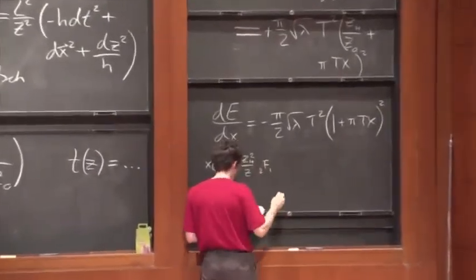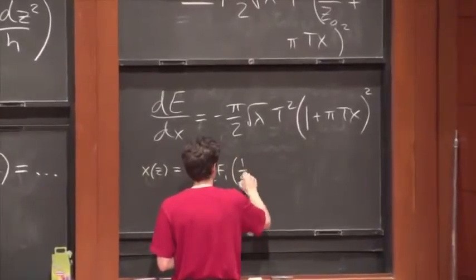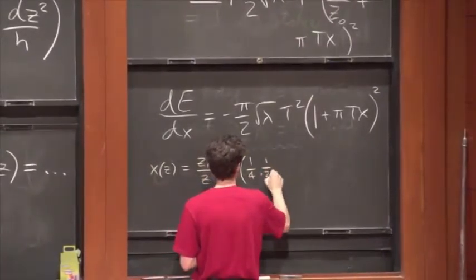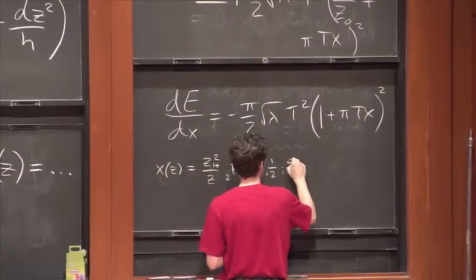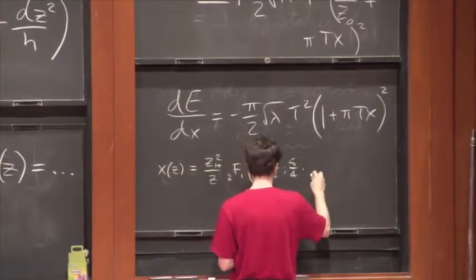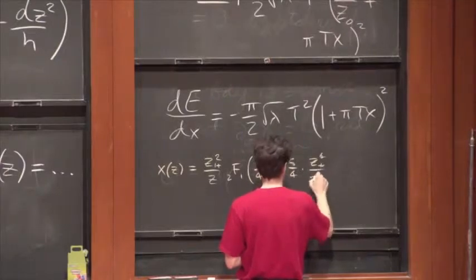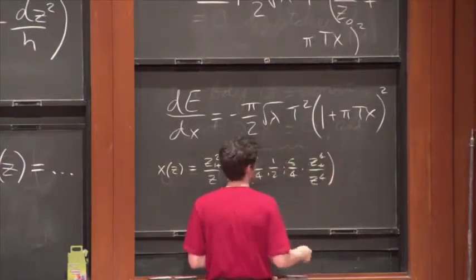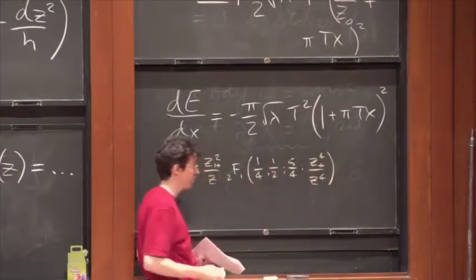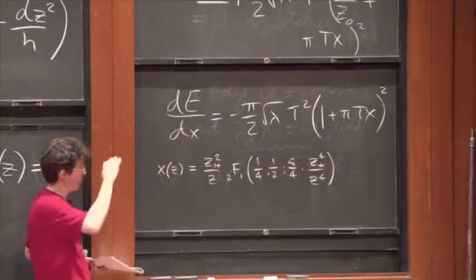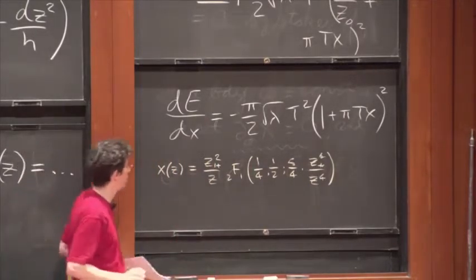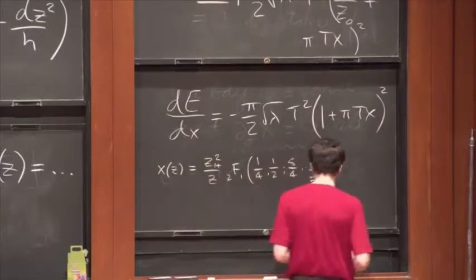They involve the hypergeometric function 2F1 with a certain combination of indices. And involving an extra parameter z star, which is the maximum height, that is to say the minimum value of z, that this geodesic attains.